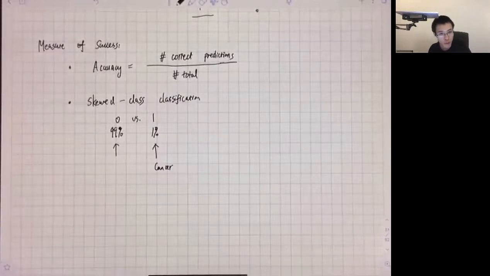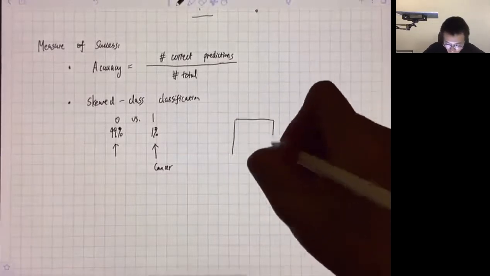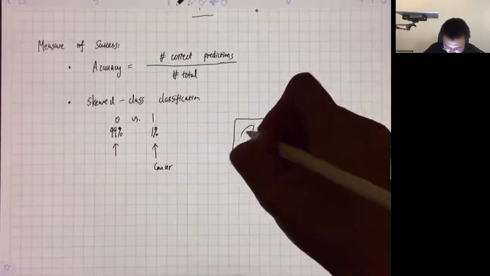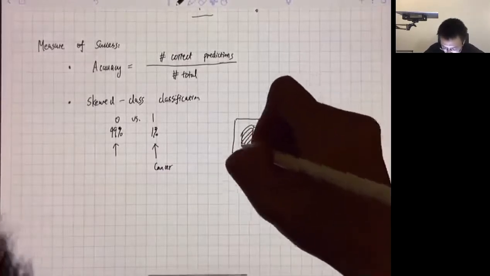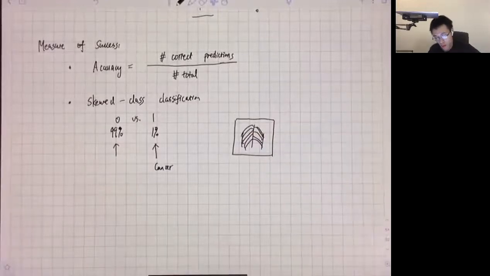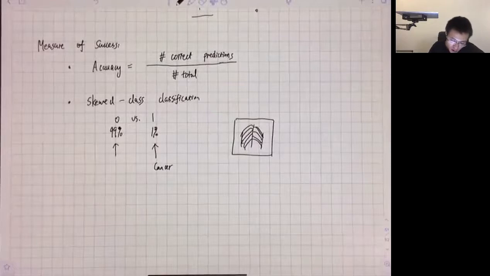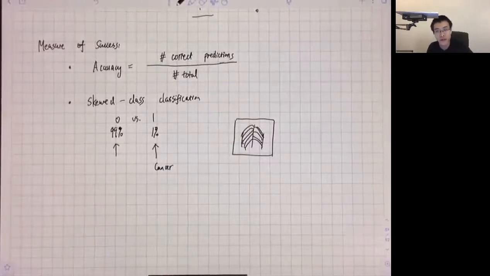Then if we want to predict whether we have a cancer or not, for example, based on the X-ray of our lung radiology, like this. Now this time, if we use the accuracy, it's not a very good measure of success because I can have a very trivial machine learning system.